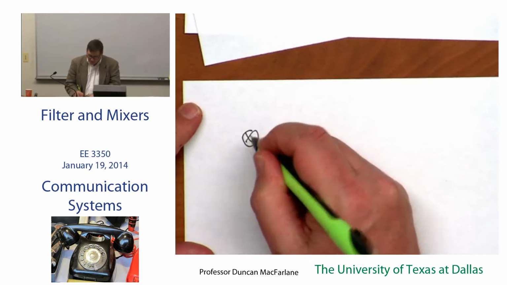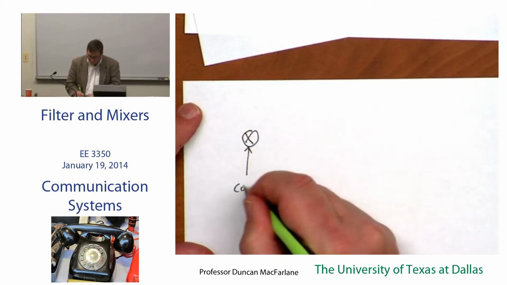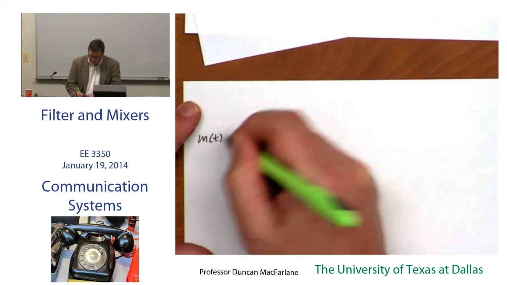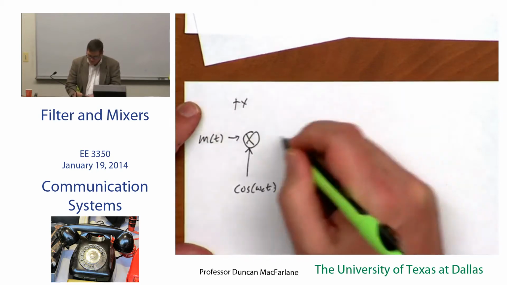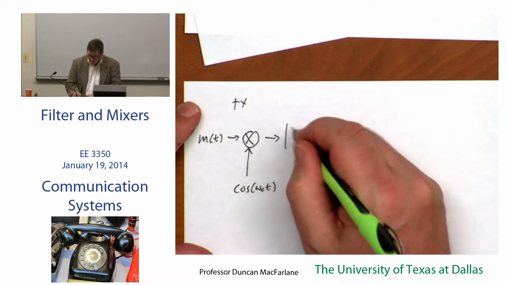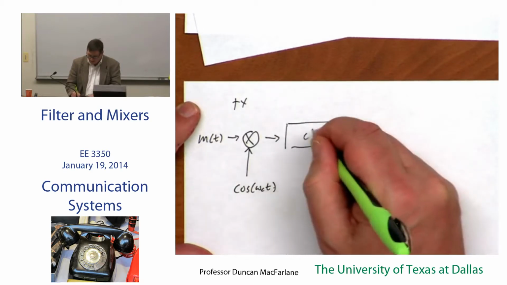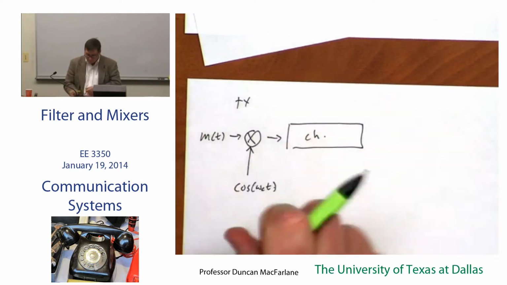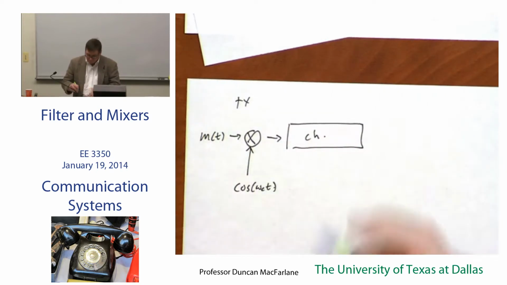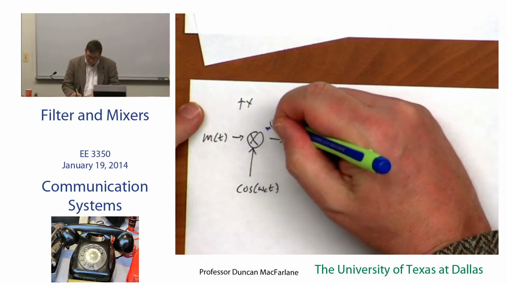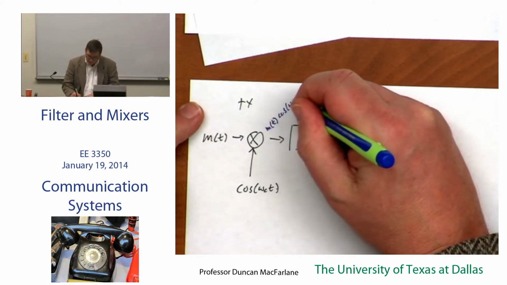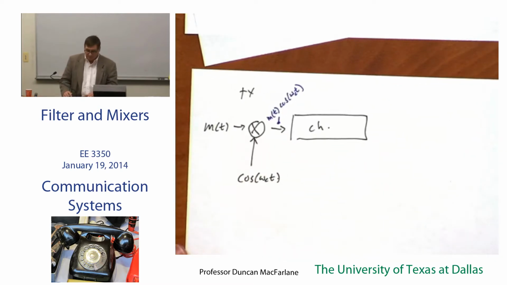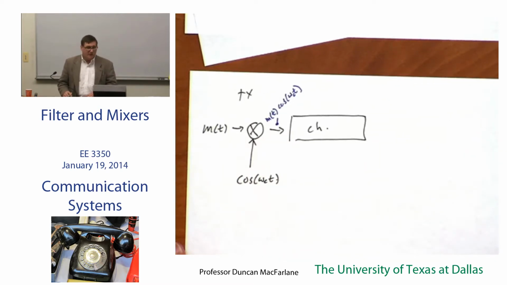So let's walk our signal through the system. The signal here is m of t cosine omega ct. If I put my voltage probe there, that's what I get.